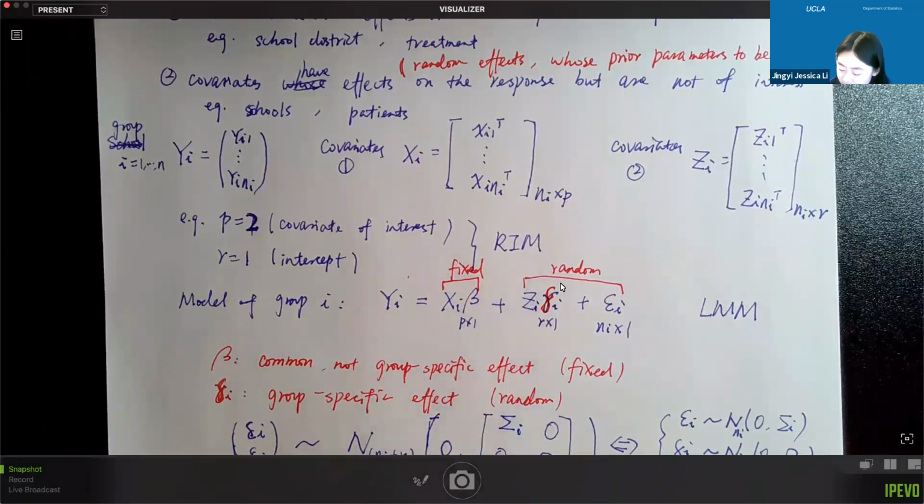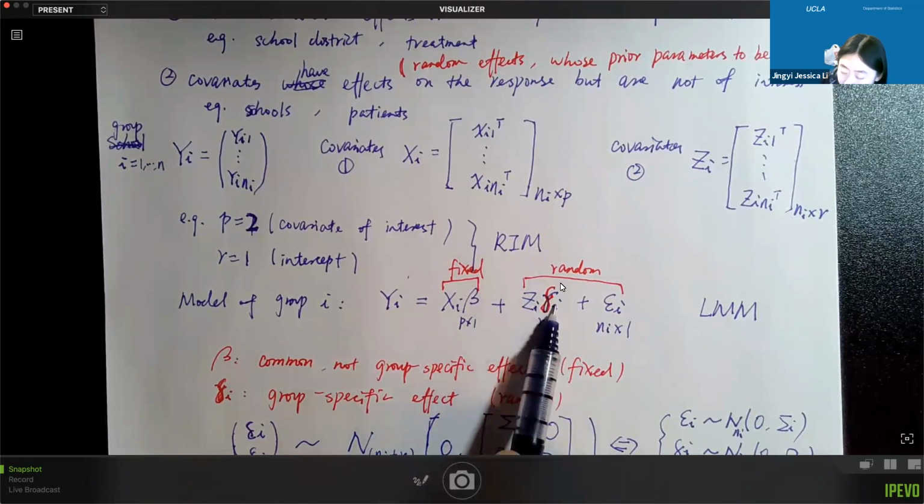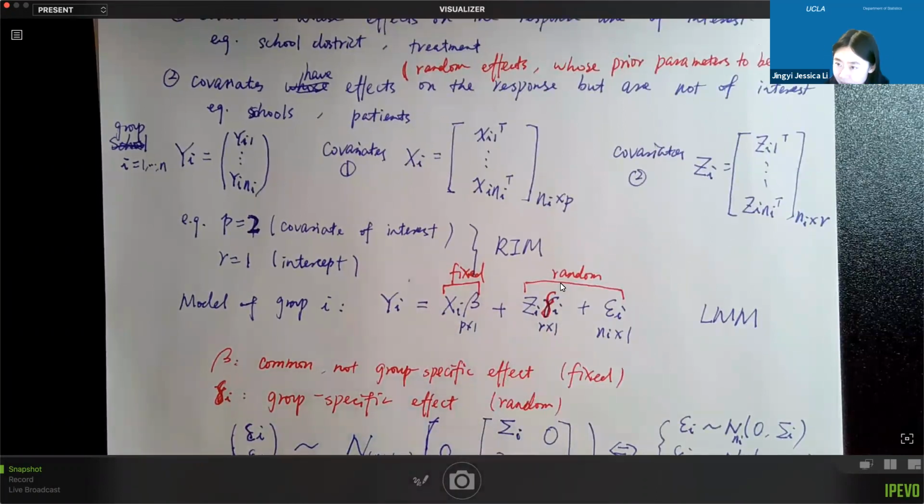We need to be clear that here, beta is the common effect that has nothing to do with the school, it doesn't have a subscript i with it. But for the random part, delta_i, it is the school specific effect. That's why it has subindex i. And epsilon_i is just the regular error term. You can regard this as the noise or just the random error.